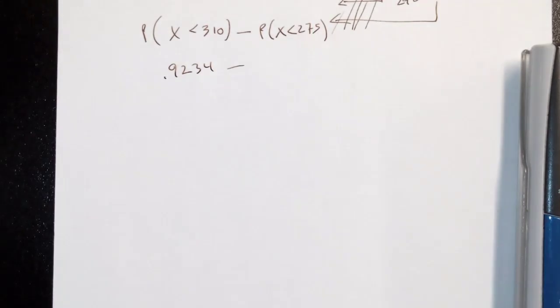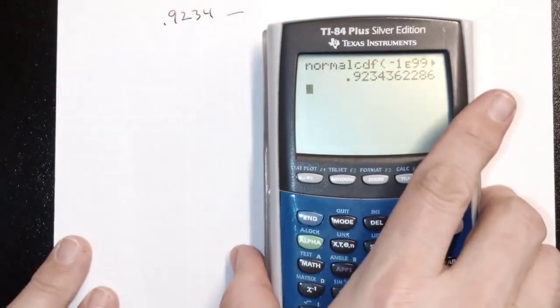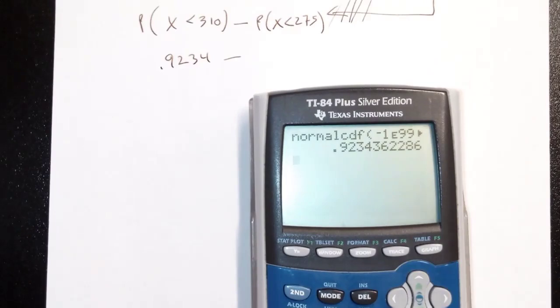And then I'll do the same exact procedure, only this time, instead of using 310, I'll use 275. Since I already have that command entered, I could just call it back. Hit second, enter. It brings up the thing you typed in last. The only number I want to change is the 310. So I'll back up, and over the 310, I'll type 275.